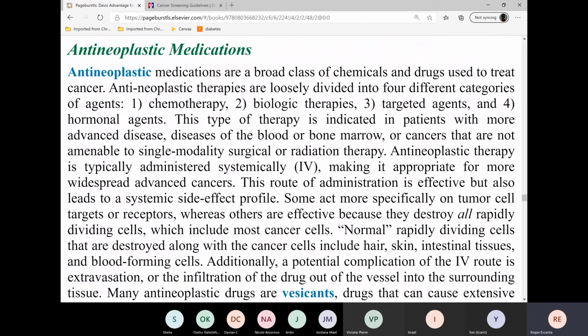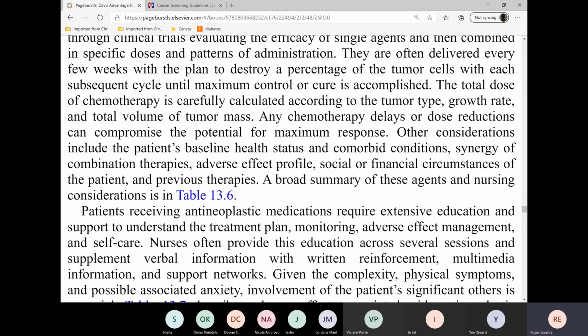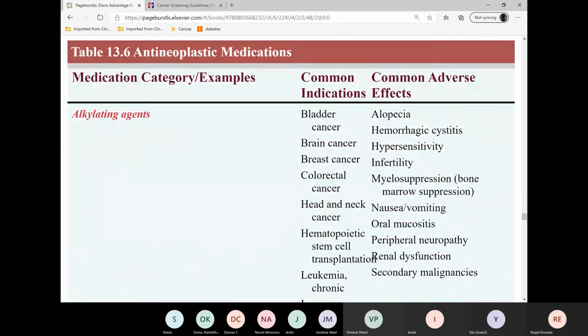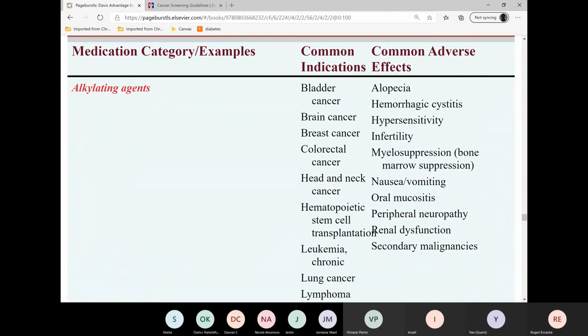They will be on the side effects of the chemo drugs. Here are your side effects, table 13.6. Again, it's not going to be on the drug itself. It's going to be on the side effects. More importantly, I'm not testing everything. Here are the ones you study.